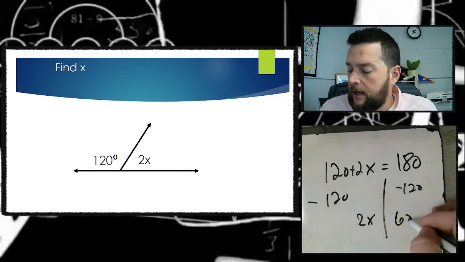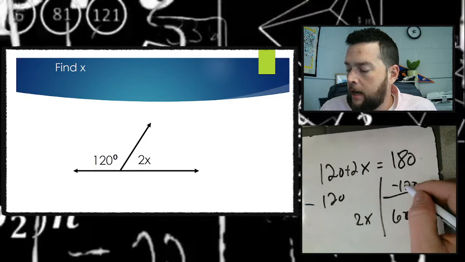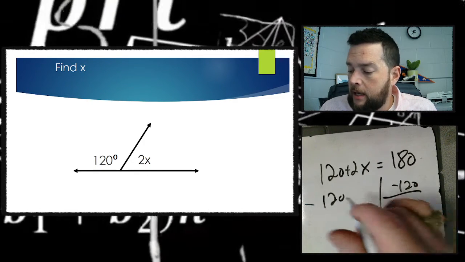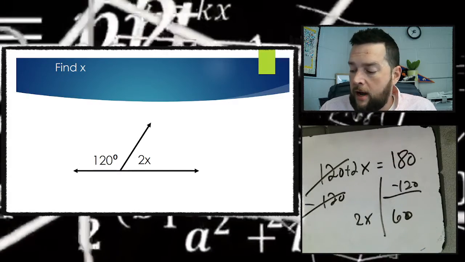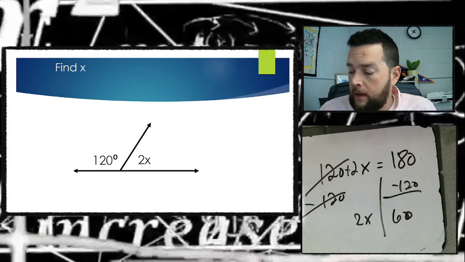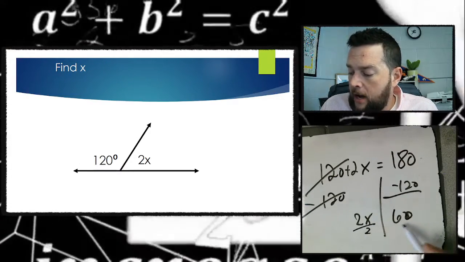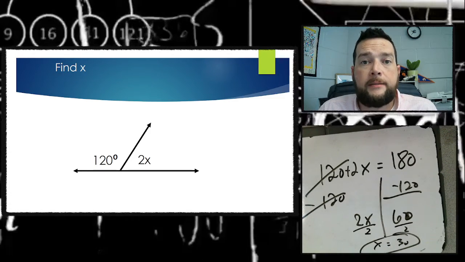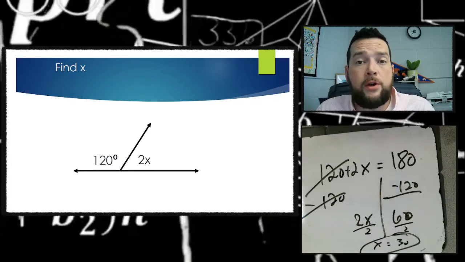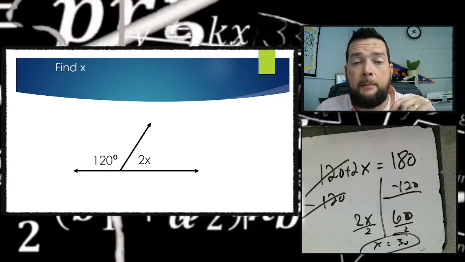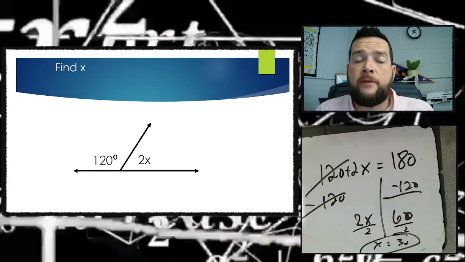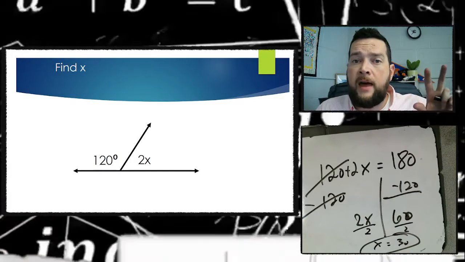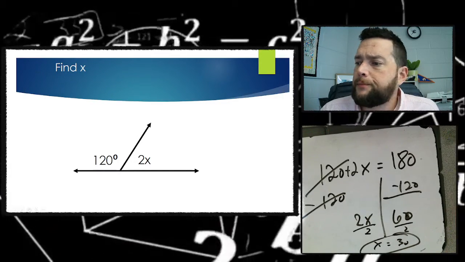We'll have 60 left over here because 180 minus 120 is 60, and these two canceled each other out, so we just had the 2x left over. Now to get rid of the multiply by 2, I have to divide by 2, so we have x equals 30. If you're struggling with solving these equations, you can go back and find my video for solving two-step equations. You'll find that just in my history of videos.